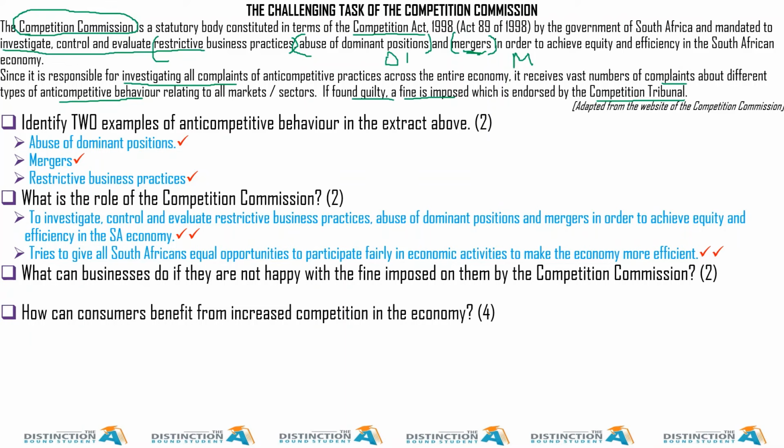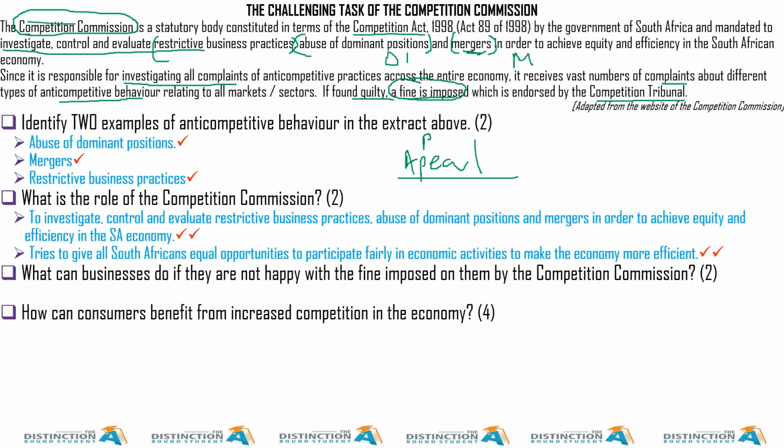That's their role. What can businesses do if they are not happy with the fine? You see, this fine that is imposed. What happens if you are not happy? If you are not happy, you have to appeal. Oh, I hope I spelled it correctly. Or is it double P? Whatever. Right, so you have to appeal.